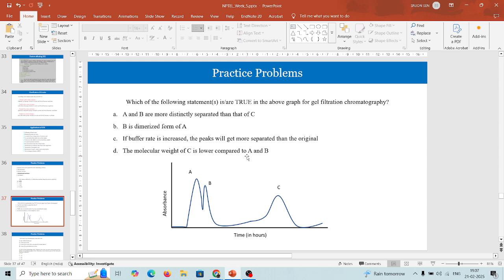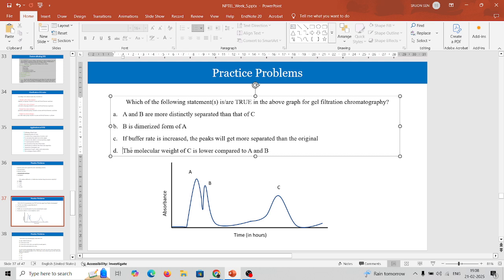So D is the correct one. The molecular weight of C is lower compared to A and B.